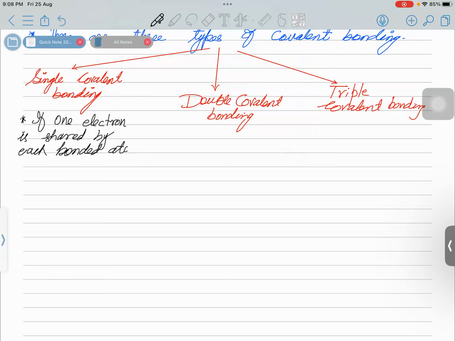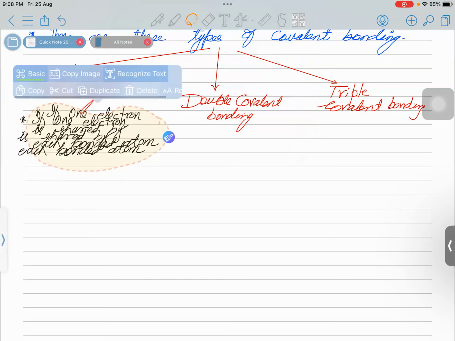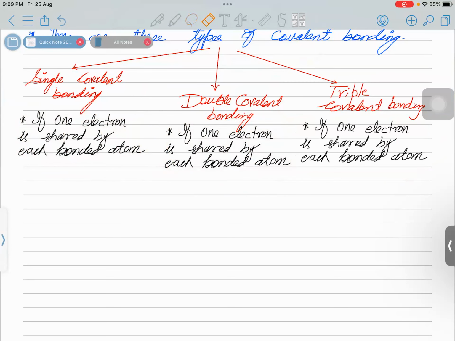Similarly, in double bonding, if 2 electrons are shared. In triple covalent bonding, if 3 electrons are shared by each bonded atom. Sir, any other difference? No, just the number of electrons shared is different. Okay.